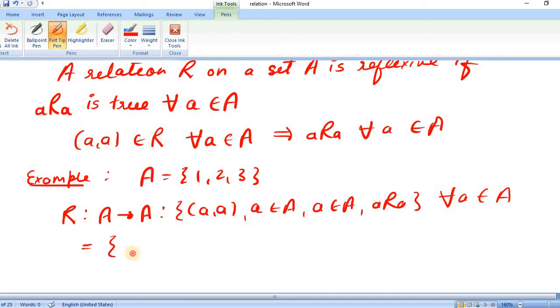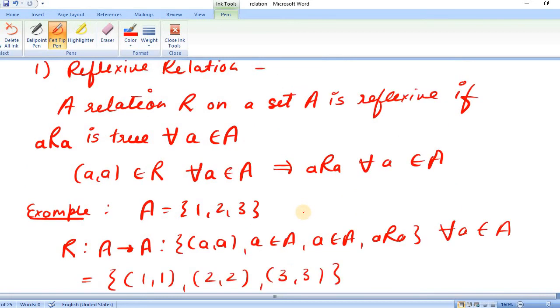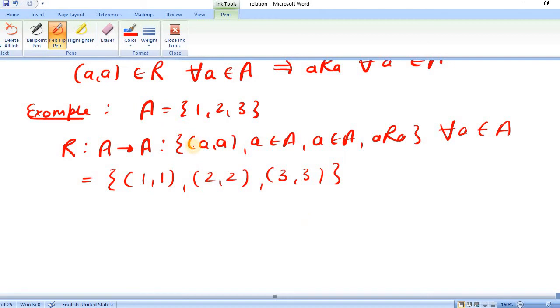R will be (1,1), (2,2) and (3,3). Here we can see that R fulfills the condition that (A, A) is here for all A belonging to set A.